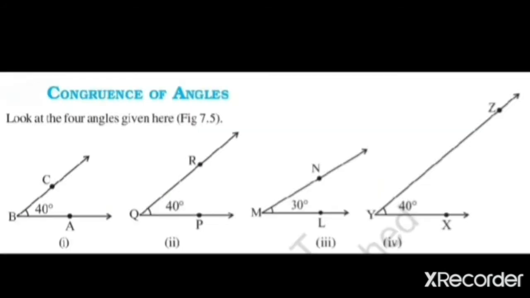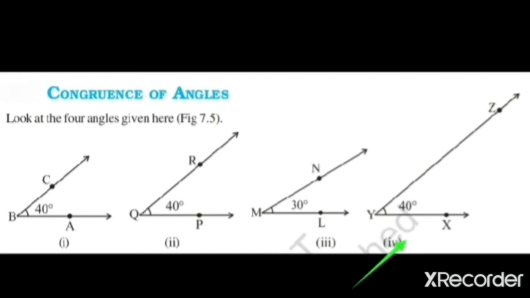We can write like this: angle ABC is congruent to angle PQR. By writing this, we mean that measure of angle ABC equals measure of angle PQR. Why am I using this letter M? This represents measurement. In this case, the measurement is 40 degrees. You can see another angle which is congruent to angle ABC.